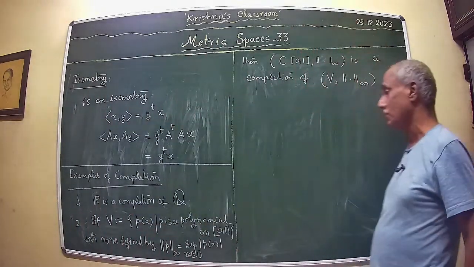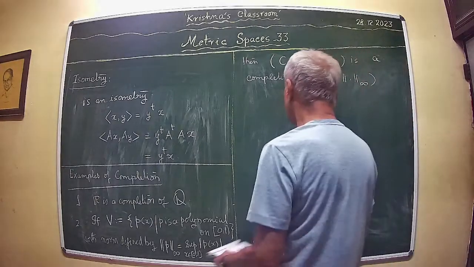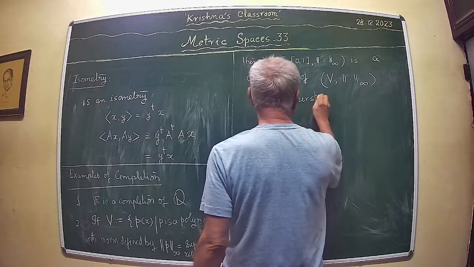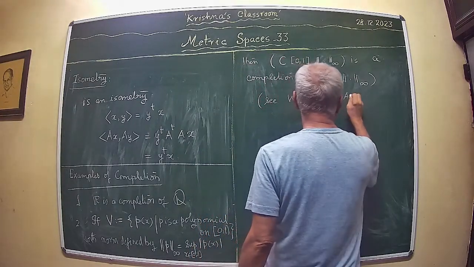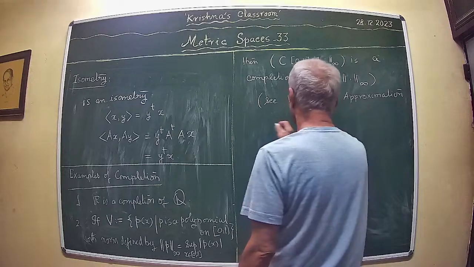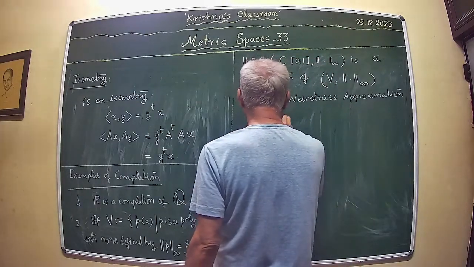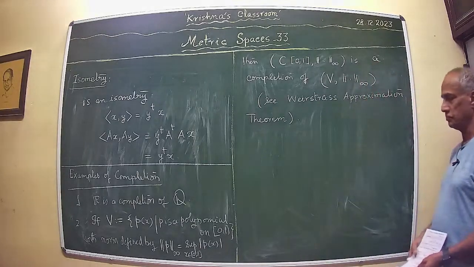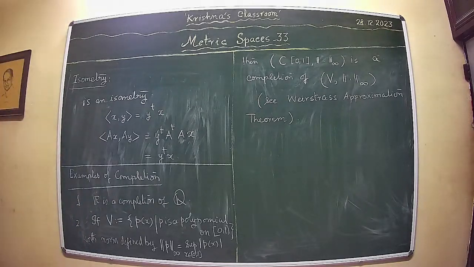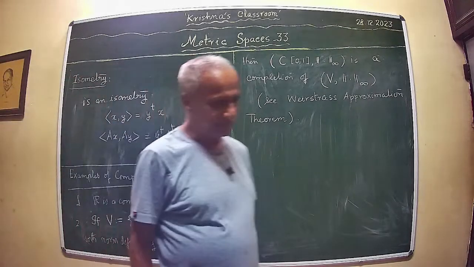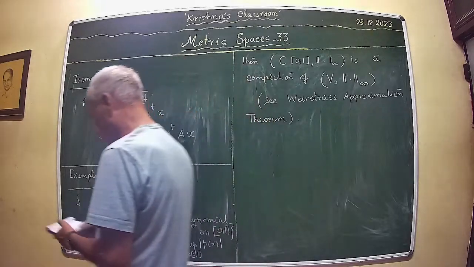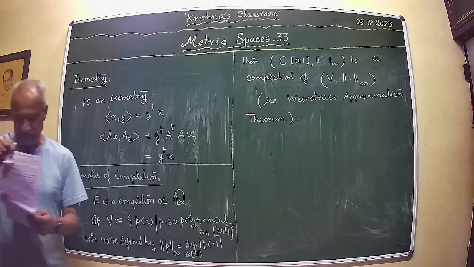This is the Weierstrass approximation theorem. It shows that all Cauchy sequences of polynomials do converge in C[0,1] if you take the sup norm. Of course, if you change the norm, it's a different story altogether. So let us just leave it there.